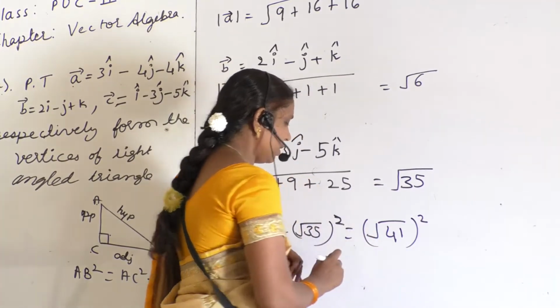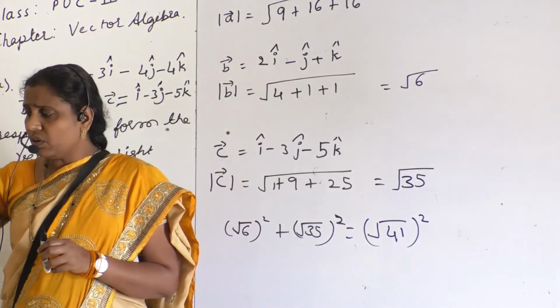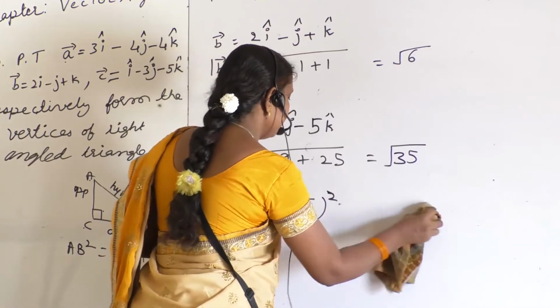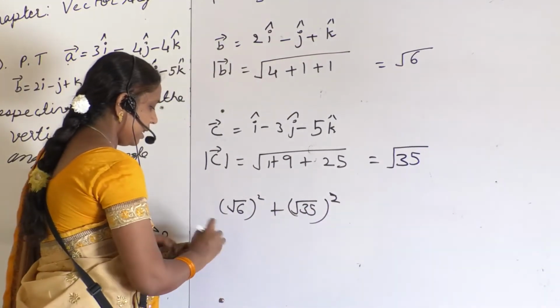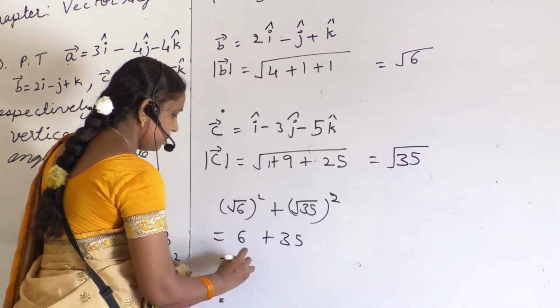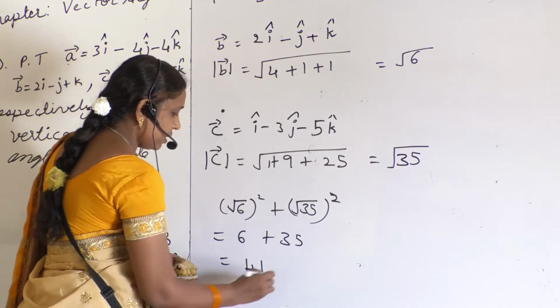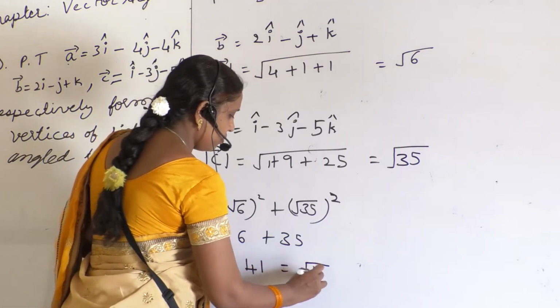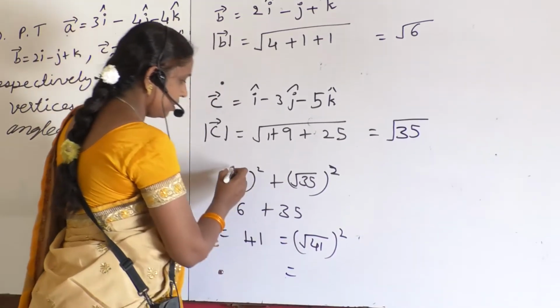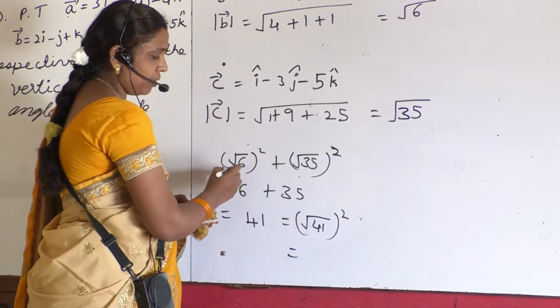Squaring, it is 6 plus 35, which is equal to 41, and 41 is the square of root 41. The square of the hypotenuse is the sum of the squares of the other two sides.